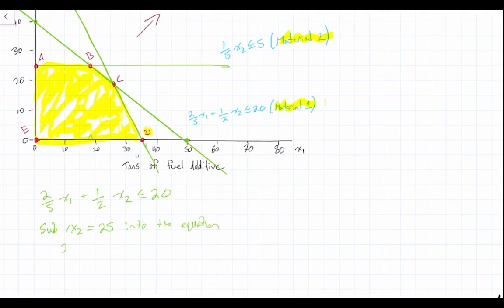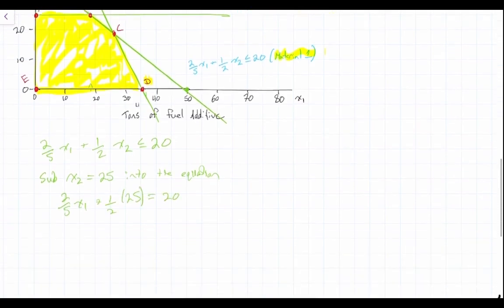So we get 2/5 x1 plus 1/2 times 25 is equal to 20, which means that we get 2/5 x1 is equal to 20 minus 12.5, right? 1/2 times 25 is 12.5. So that means that we get 2x1 is equal to 5 times 7.5, right? 20 minus 12.5 is 7.5.